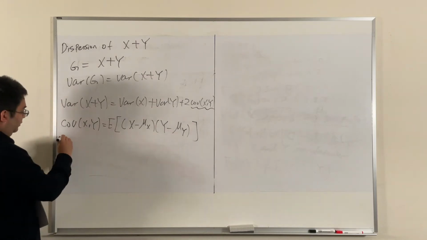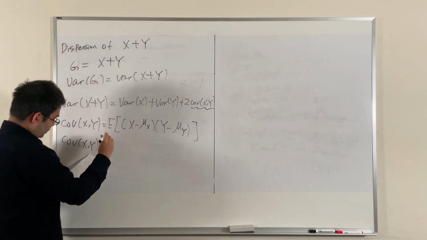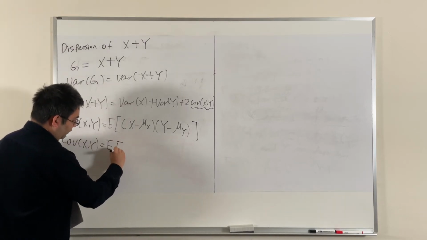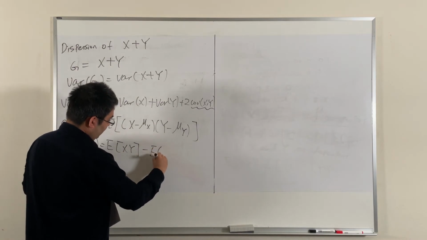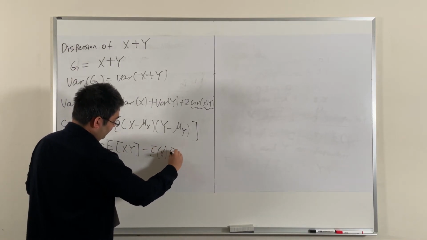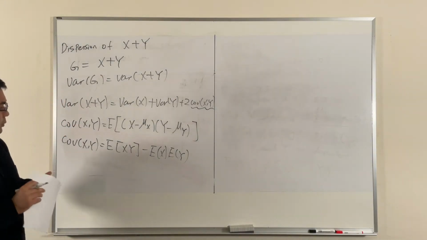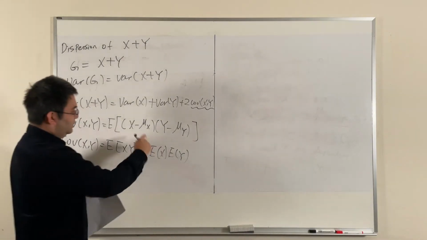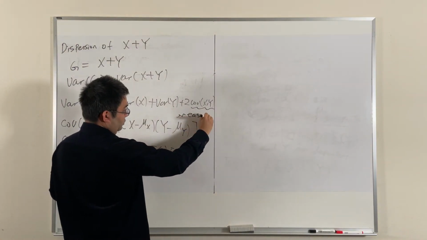And then another formula: covariance of x and y equals the expected value of x times y minus the expected value of x times the expected value of y. Usually, for the purpose of calculation, this formula is easier to do.